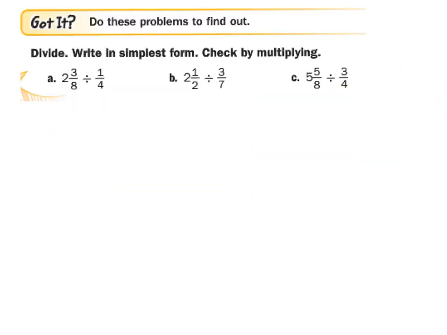Let's try a couple here together. So we'll start with 2 times 8, which is 16, and we'll add it to the 3. So we have 19/8 divided by 1/4. Now I'll do my keep, change, flip. 19/8 stays the same, times 4/1, which is helpful because I know I can divide by 4, and the 4 changes to 1, and 8 divided by 4 is 2.